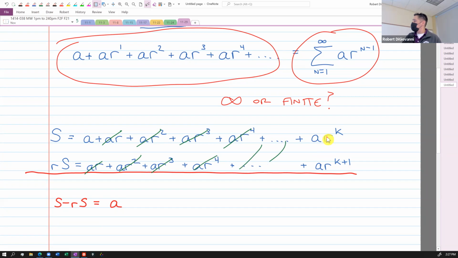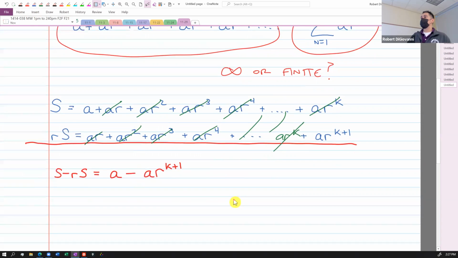Okay, what about this last one? Is it gone? This one right here? Yes. It cancels with the one right in front of this one. This is AR to the K right before this one. So those cancel. But what's still here? This one, right? And I'm subtracting it. So I still have down here minus AR to the K plus 1.